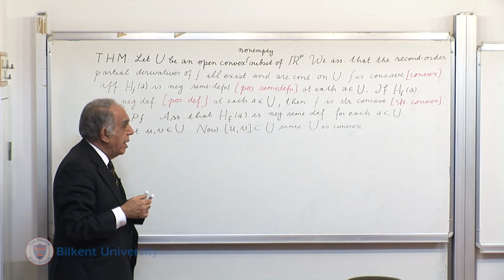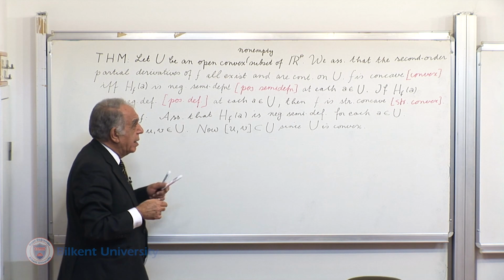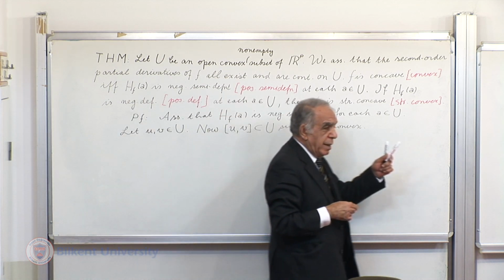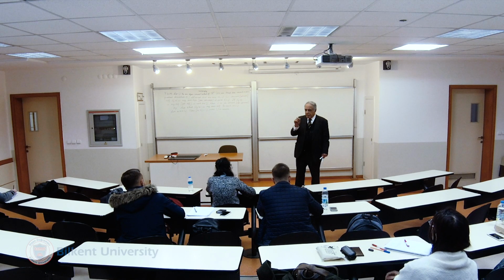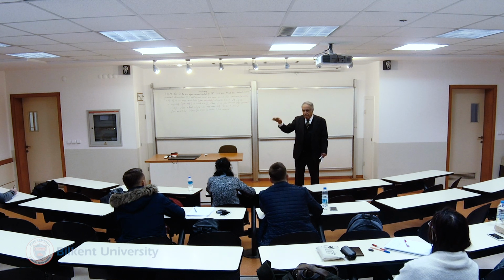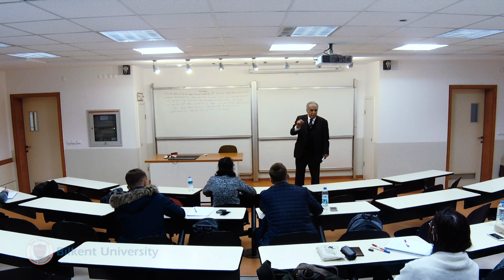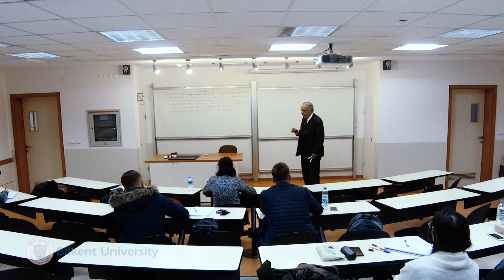We also had noted last time that the Hessian is closely related to the second derivative of f at a. In fact, the second derivative of f at a evaluated at x could be written as x H sub f of a, the Hessian, times x transpose when x is considered as a row matrix.